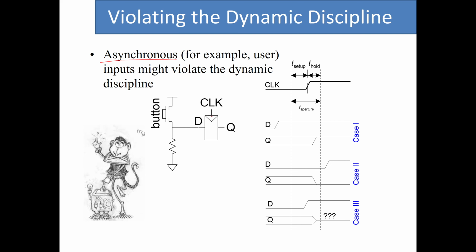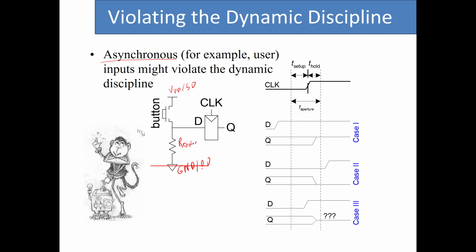Let's just assume we have this D flip-flop. We have this button which is connected to the ground using this resistor. And this side, if you remember from before, this is VDD or 5 volts, and this one is GND or 0 volts.